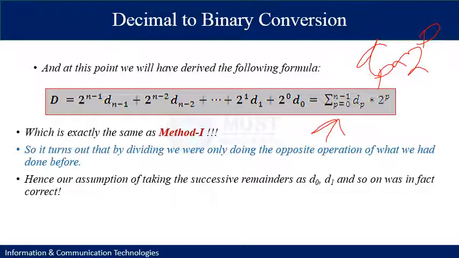So it turns out that by dividing we are only doing the opposite operation of what we had done before. Therefore our assumption of taking the successive remainders as d0, d1 and so on was in fact correct.